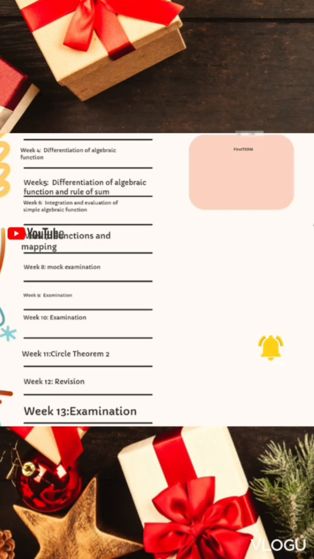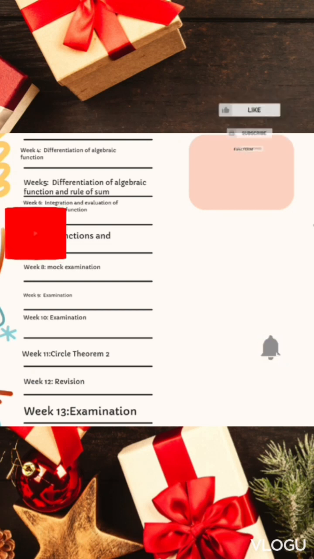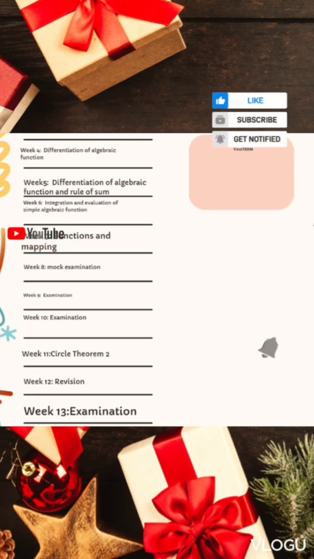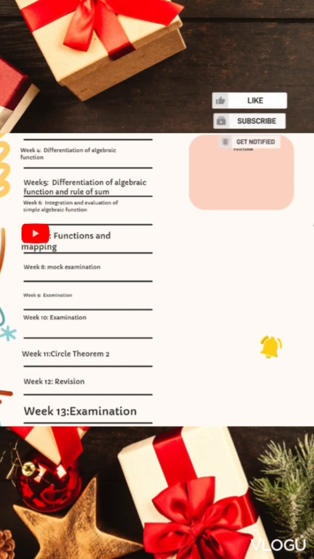Now, don't let us forget that we have our SS3. SS3 week 1 is revision, where week 2 is coordinate geometry, also involving the gradient of a line. Week 3 is construction.